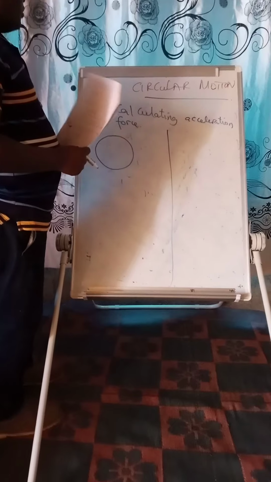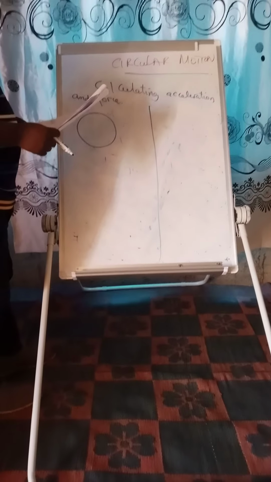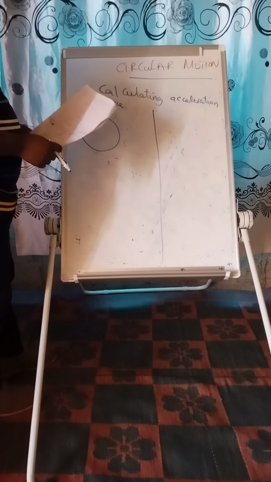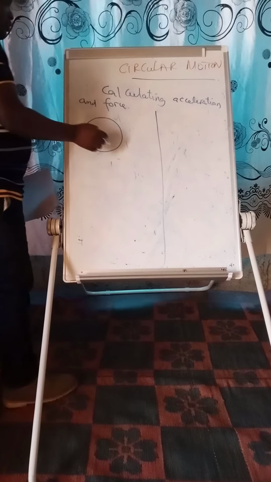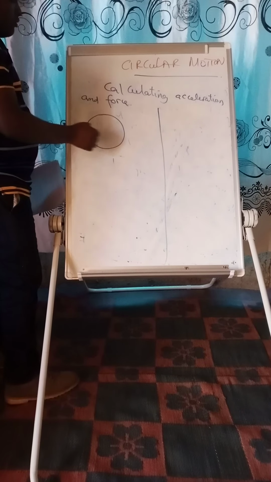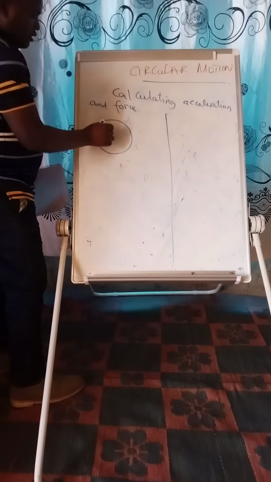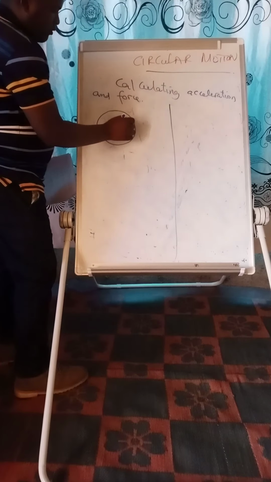So now let us see how we can calculate acceleration and force when an object is moving in circular motion. For example, this is a motion described by an object, and this is the center.